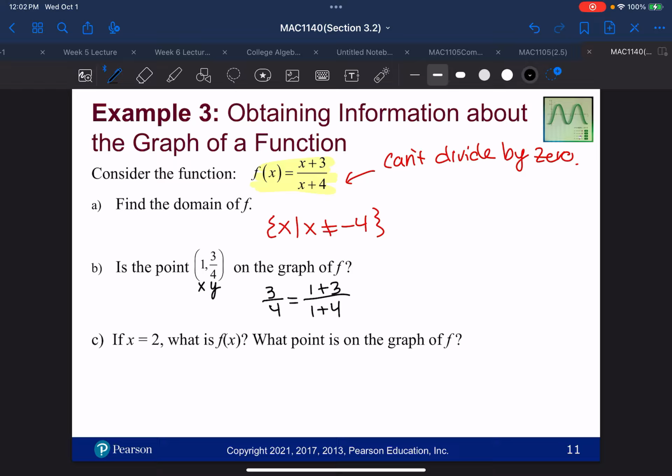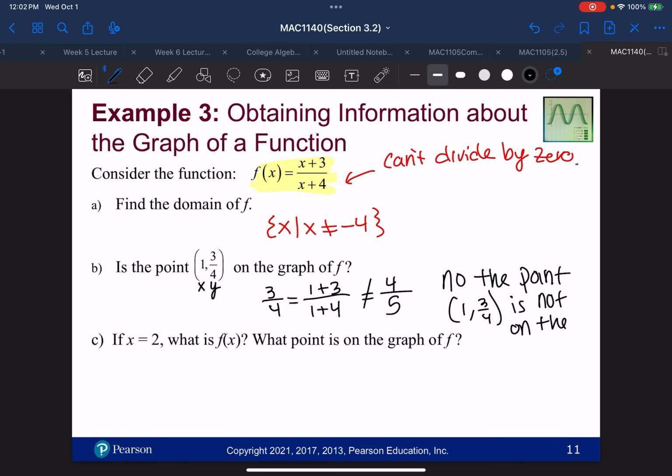Just plugging these in to my values. 1 plus 3 is equal to 4 over 5, and this is not equal to 3/4. So no, the point (1, 3/4) is not on the graph, since I plugged that in and it wasn't an equal statement.